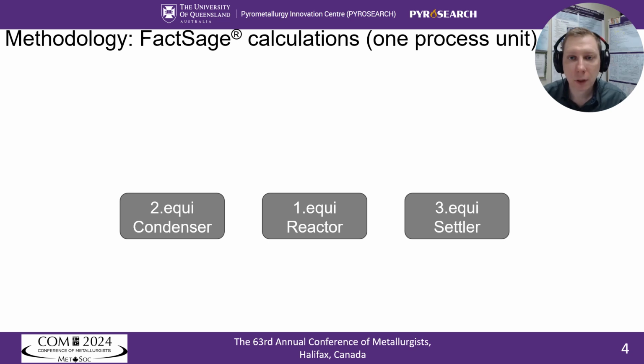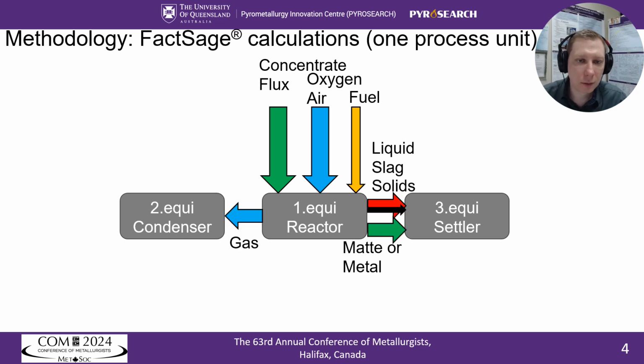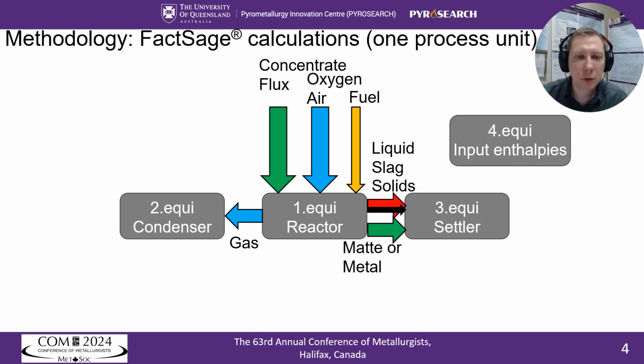For example, in case of smelting, we can use an equilibrium calculation for the incoming feed consisting of concentrate, flux, air, and oxygen, and fuel as well, if necessary. The products are gas, slag plus solid, matte or metal. To find the energy balance, an extra calculation is made to get the enthalpies of the incoming streams.